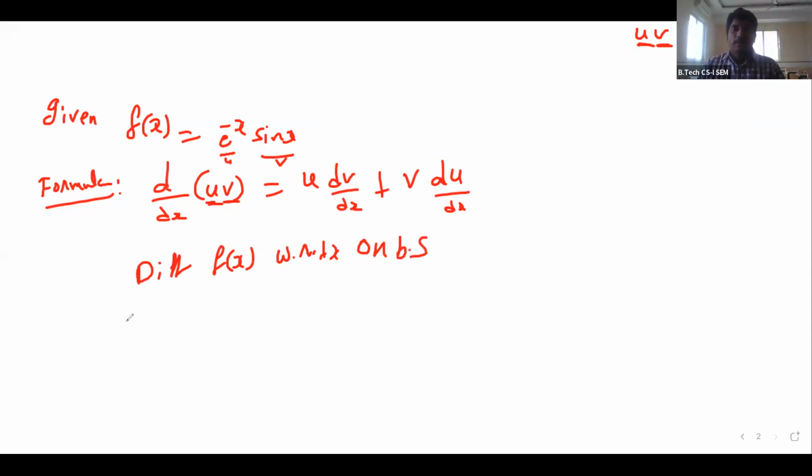So f dash x is equal to first into second's derivative plus second into first's derivative.